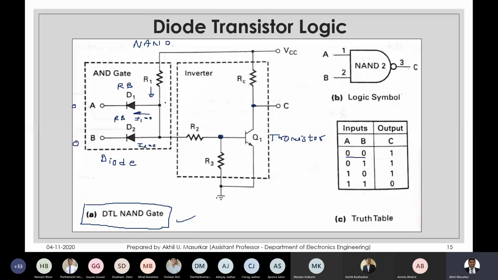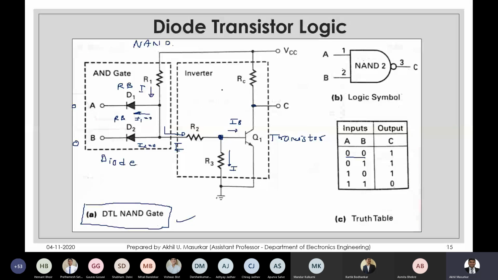So whatever current is coming in, it will not go on this side, it will go straight away into this I. So basically the base current IB will flow, and most of the current will flow through this.